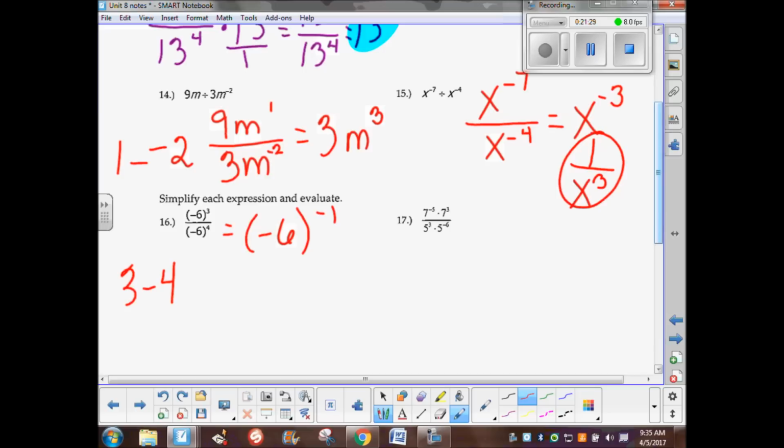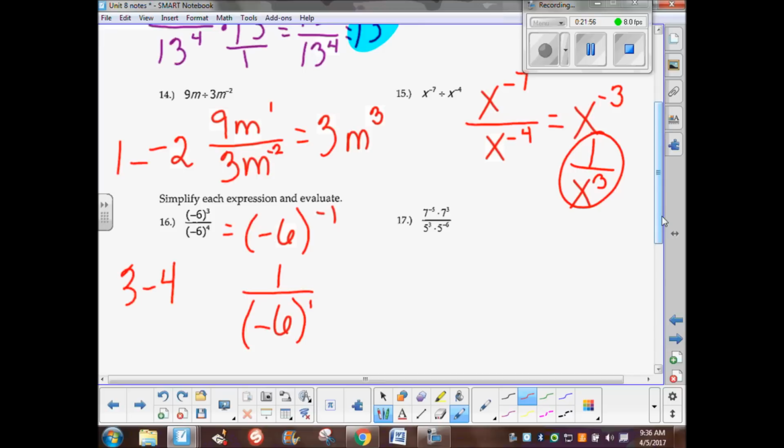Negative 1. I've got to write it with a positive exponent. Tell me what to write. So you would do 1 over parentheses -6, parentheses 1. Perfect. Yep, positive 1. No, that's understood. You don't have to.